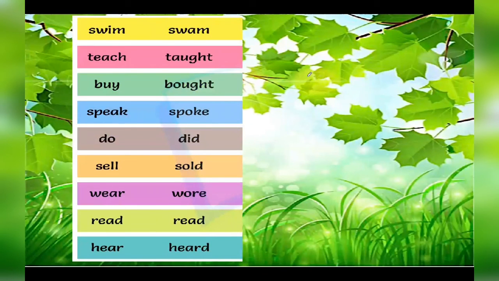Here is a list of a few of the verbs. Let's read it. Swim, swam. Teach, taught. Buy, bought. Speak, spoke. Do, did. Sell, sold. Wear, wore. Read, read. Hear, heard.